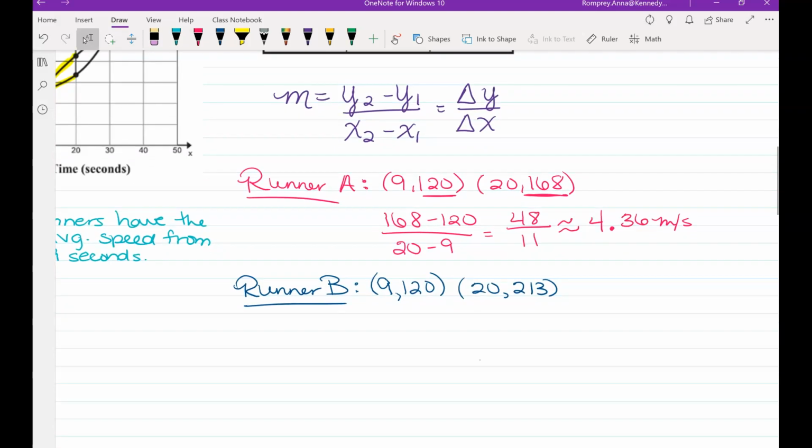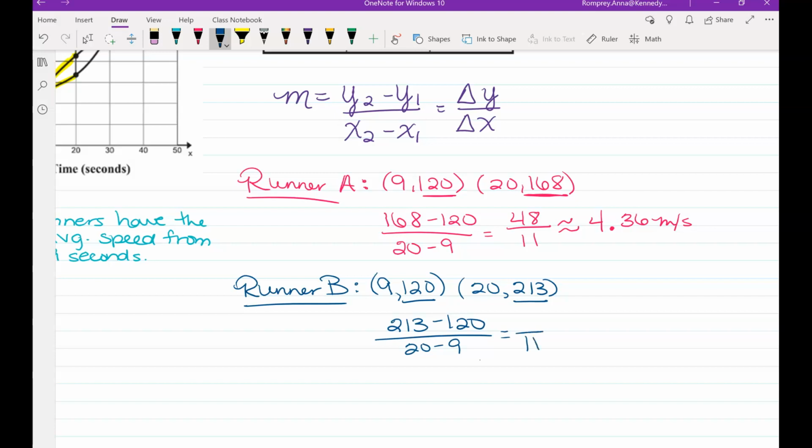Let's look at runner B. Again, I'm going to start off with my y's because it's change in y. So I want to subtract 120 from 213. That looks easier to me. So 213 minus 120 divided by 20 minus 9. Again, it's out of the same 11 seconds.